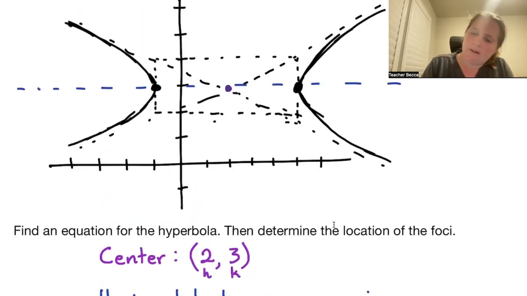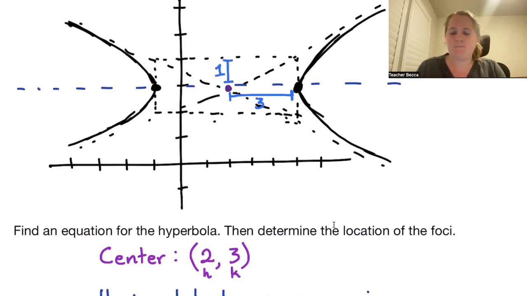The distance on the transverse axis from the center to the edge of the box is 3. Our vertical distance from the center to the edge of the box is 1.